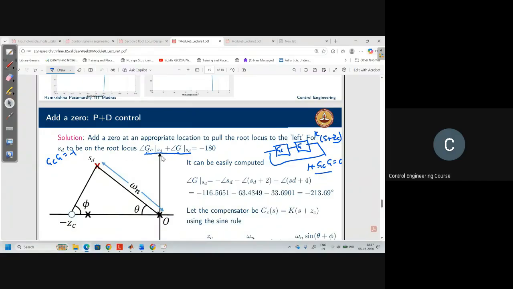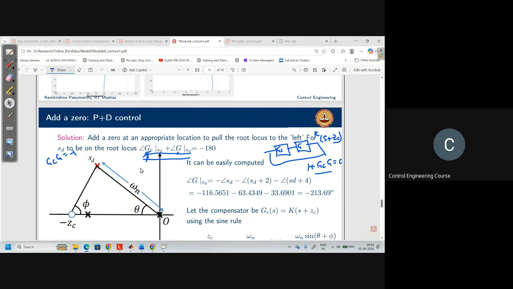So that's the reason we have to satisfy this. Whatever zero you are adding by means of GC, the overall angle contribution by this GC plus the open loop system should be equal to 180 degrees, then we can make sure that the closed loop system pole is on the root locus.